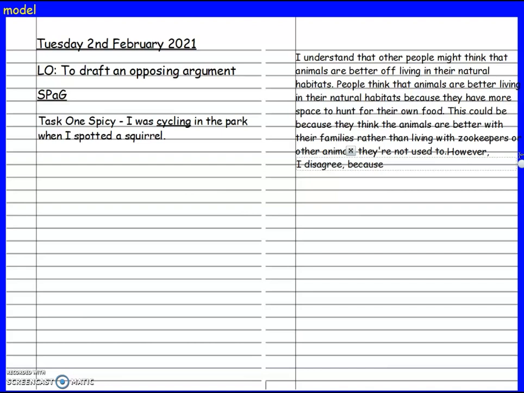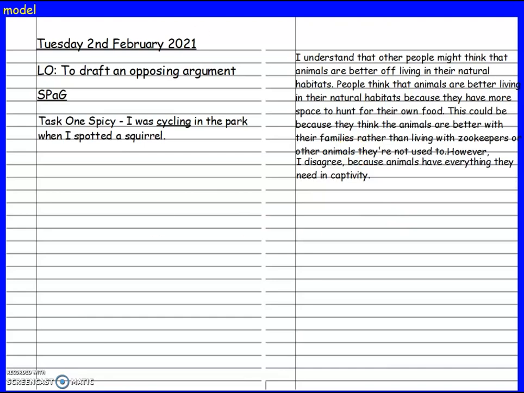I disagree because animals have everything they need in captivity. Okay, so that's showing what I think. So I think the opposite.